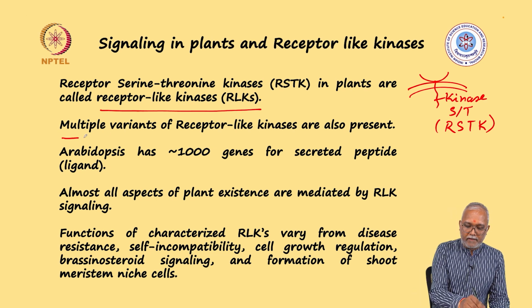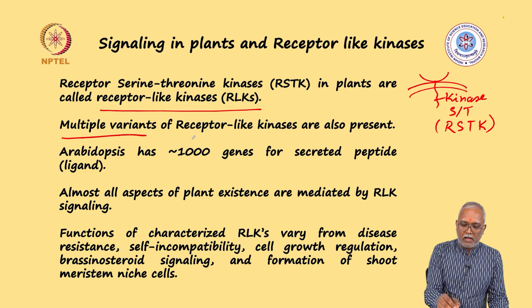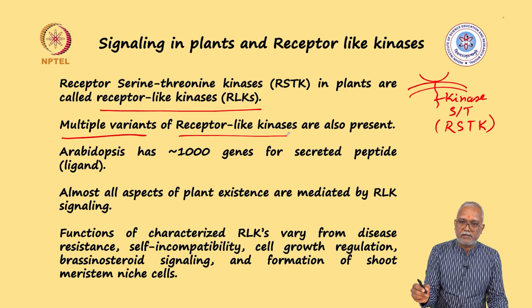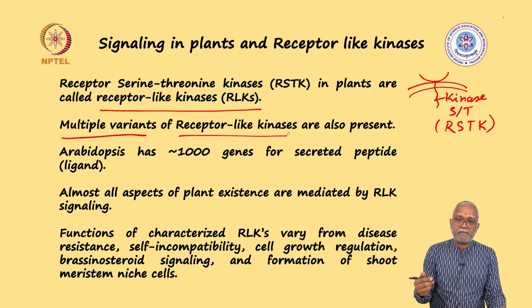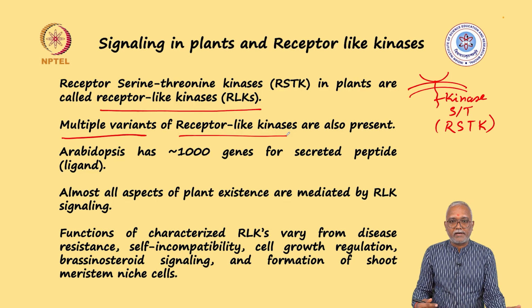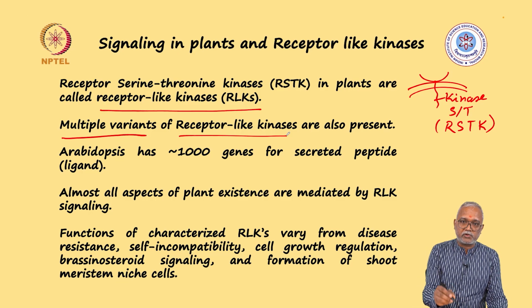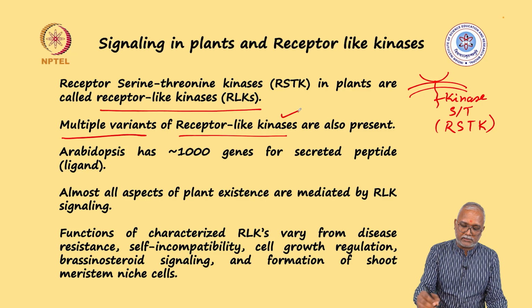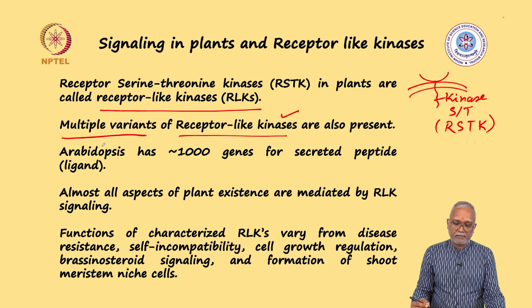We will also see in the classes to come how these receptor-like kinases have a lot of variants. You remember in case of two component system, we saw variants where pseudo-kinases were there, pseudo-response regulators were there. We will see variations which exist in receptor-like kinases in the plant kingdom.